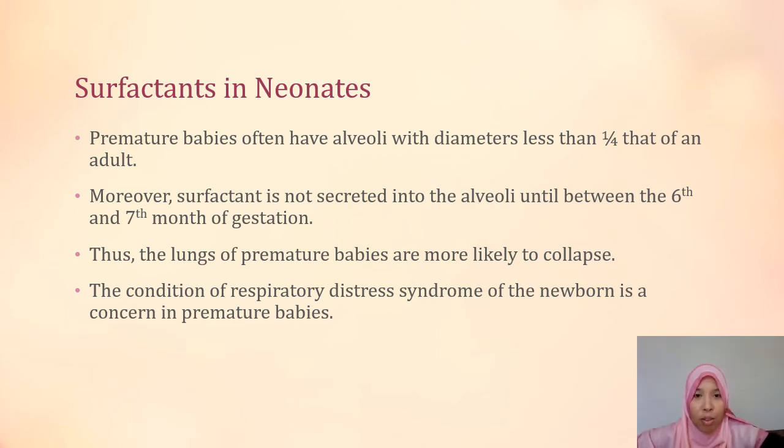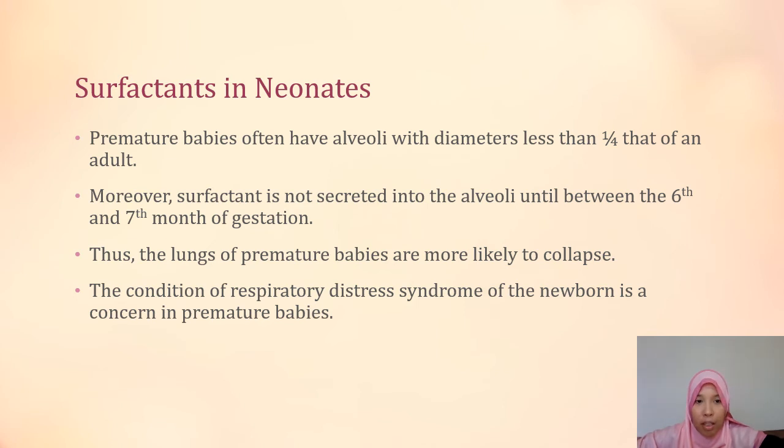So if you relate that to neonates, whose alveoli have diameters less than a quarter, it means the volume of the lungs in premature babies is very, very small compared to that of an adult, which means the pressure inside the babies' lungs is greater than the pressure inside adult lungs.